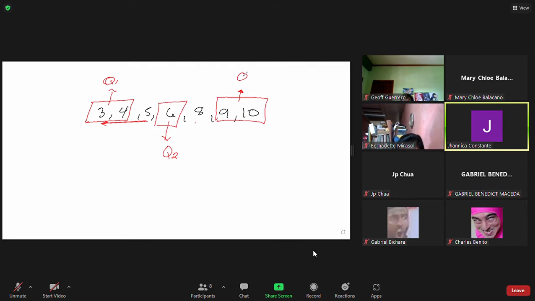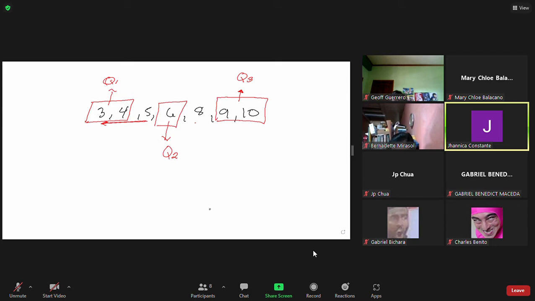That is your quartile 3. That's how you can easily identify your quartile 1 and quartile 3. If it's odd on both sides after you identify the middle, get the first two for your quartile 1 and the last two numbers for your quartile 3.